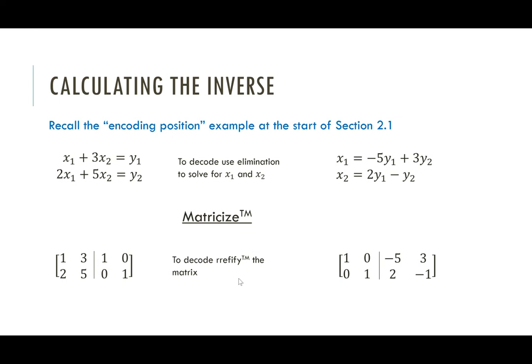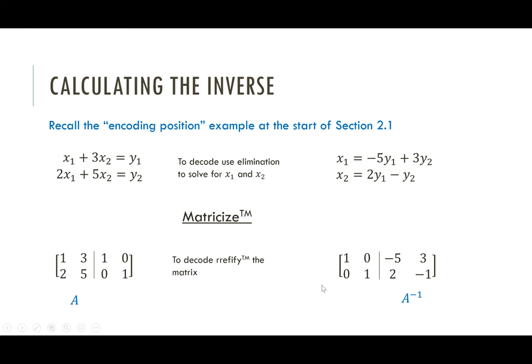Anyway, you refify, and now on the left side you've got the identity matrix, and on the right side you have this decoding matrix. It turns out that if your original coefficient matrix was A, then the matrix you get on the right-hand side after finding the reduced row echelon form of the augmented system is the inverse.